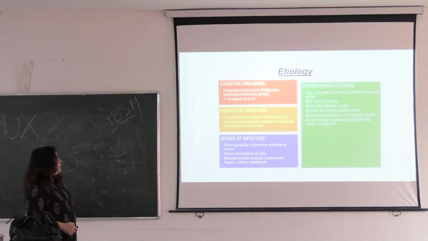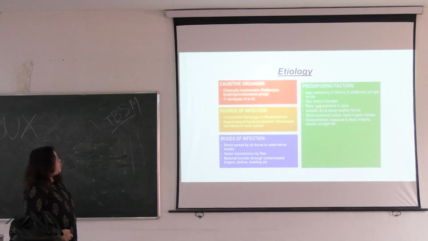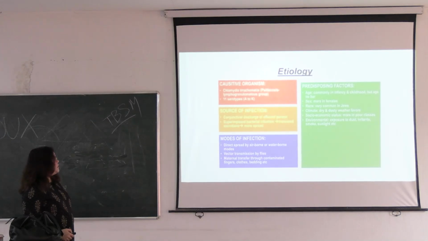Then predisposing factors. It commonly affects infancy and childhood, but it can occur in any age group, no age is barred. Then sex: females are more prone, and in race, Jewish communities are more prone to trachoma infection. And climate: dusty, dry weather are aggravating factors, and that causes the spread of disease.